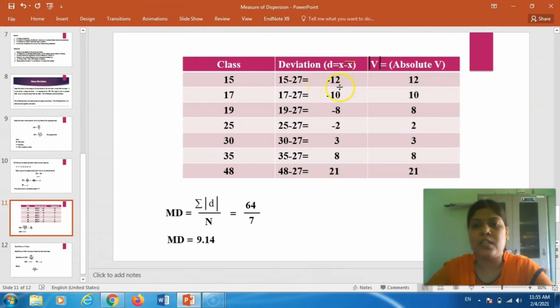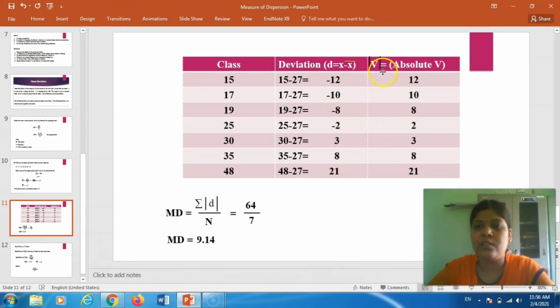Look here, some are in minus sign because our mean is 27, and for 15 minus 27, 27 is greater than 15, so we have to put a minus sign in front of whatever answer we get. Like this, some values are in a negative sign and some are in a plus sign.